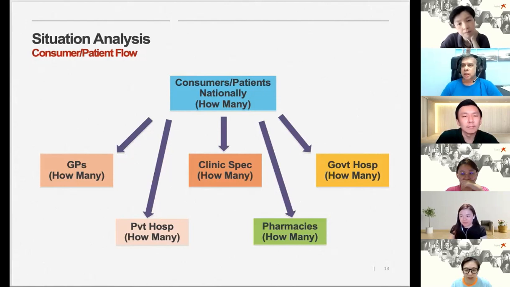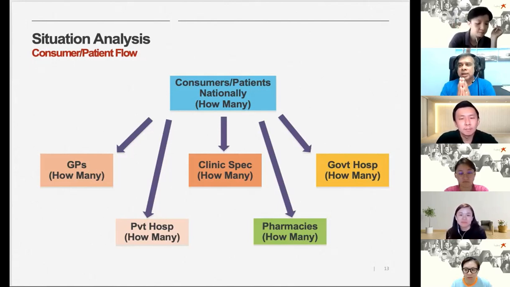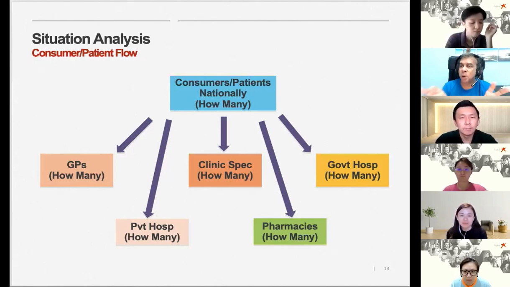Okay, so in this case, for Resulti, you will need two of these patient flow charts because two different types of patients, correct? Am I right, Xue? Okay, so let's take the easier one. When I say easier, that means I'm talking about smaller numbers. Schizophrenia.